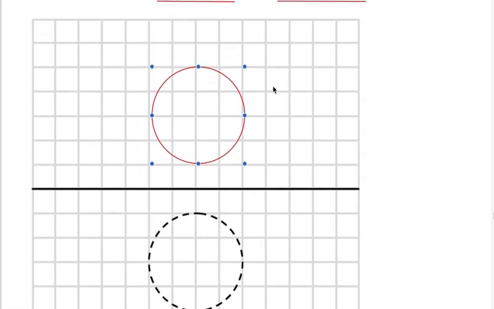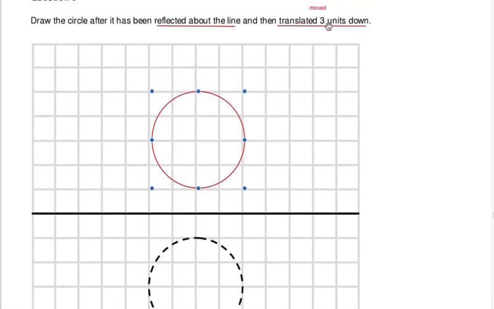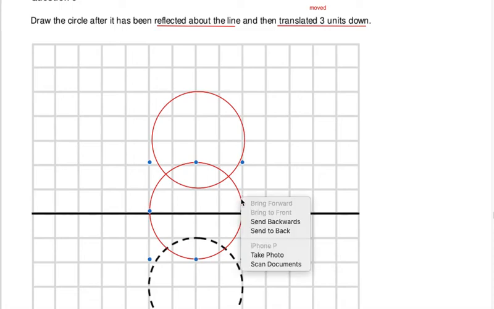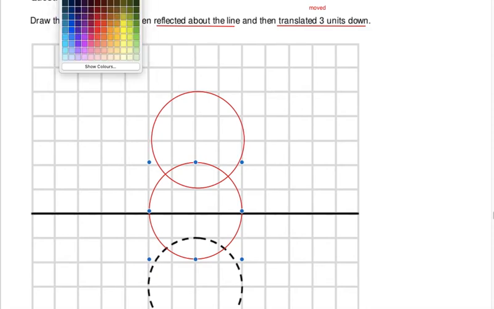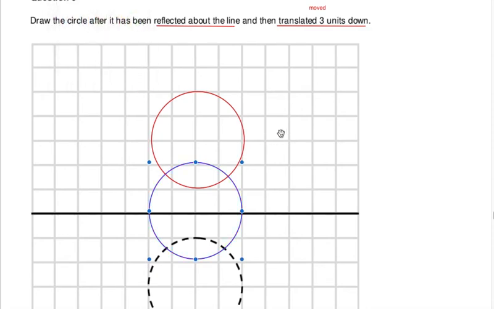The next thing it does is it's translated 3 units down. So what I'm going to do now is copy that circle and paste it, and we're going to have circle 1 and circle 2. So 1 unit is 1 square, 1 down, 2 down, 3 down. If I just change the color and make that one blue, the first step is reflected.